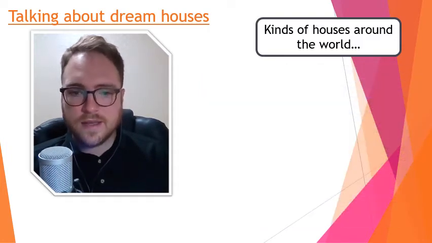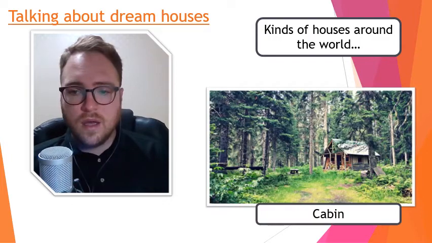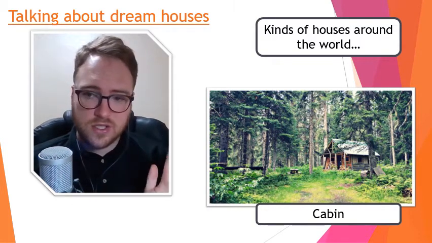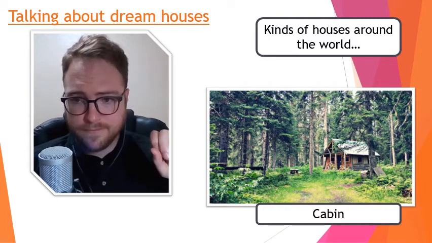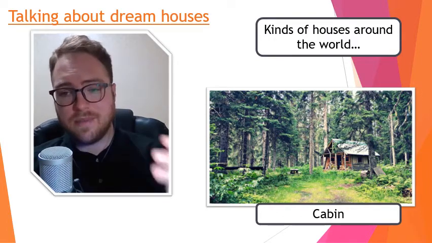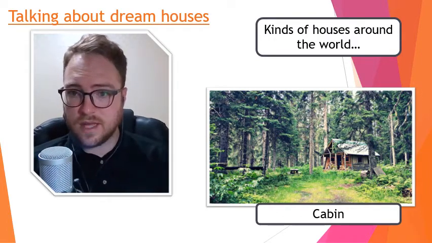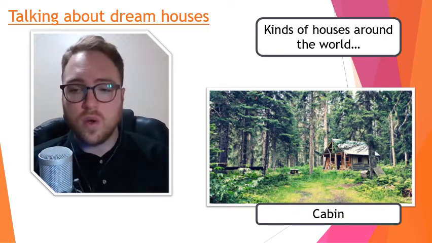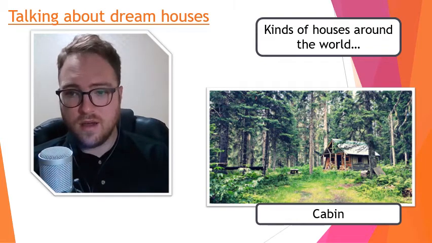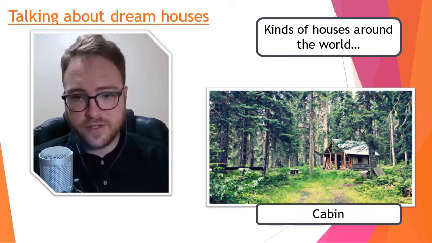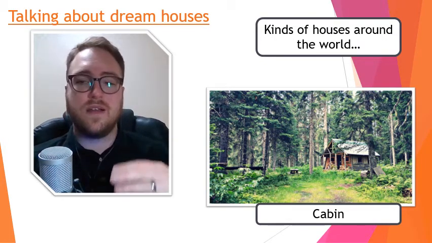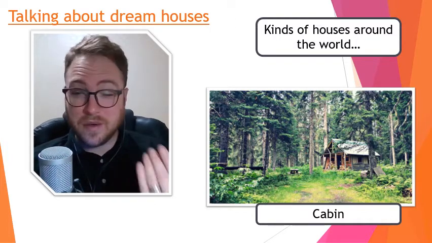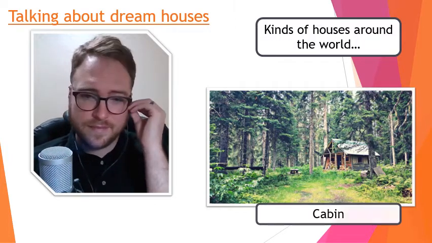All right, next we have a cabin. Okay, cabin and cottage are a little bit similar. Okay, cabin is in a forest or countryside, but cabin is all wood. Okay, it's all made of wood. So maybe it's also very cute, but a little bit cold, maybe.